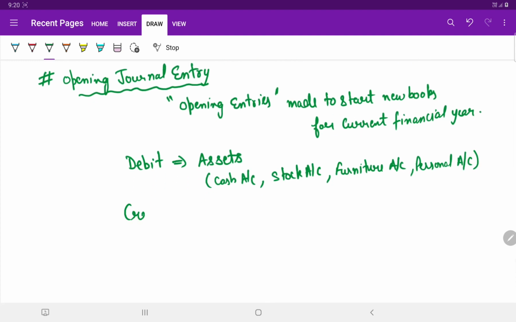Whereas the credit side will include all the liabilities plus the capital account. This is also a credit entry.